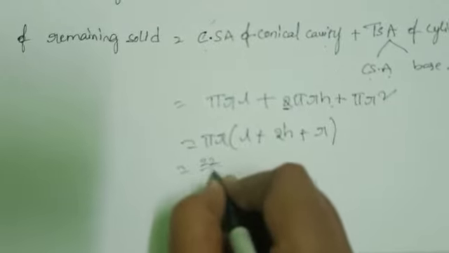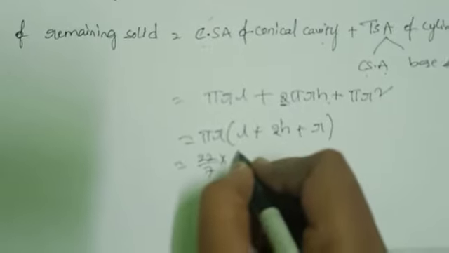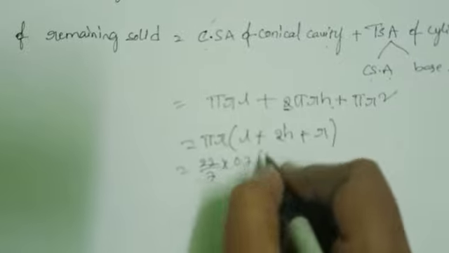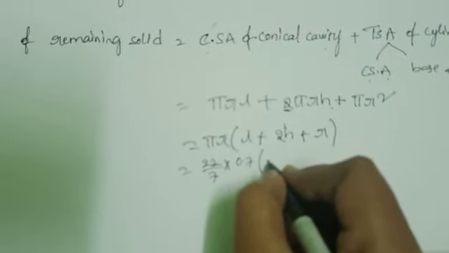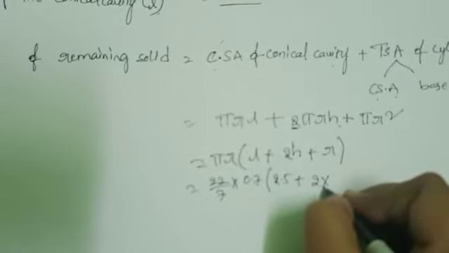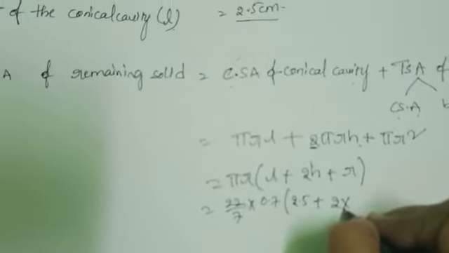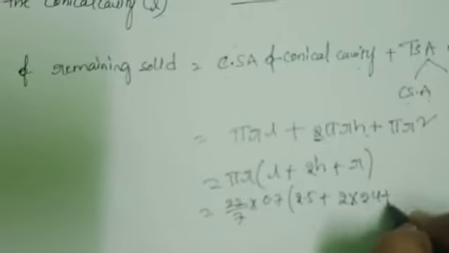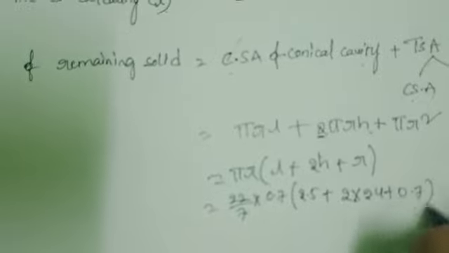Pi value is 22 by 7, radius is 0.7, L is 2.5, 2 into the H value 2.4, radius is 0.7.